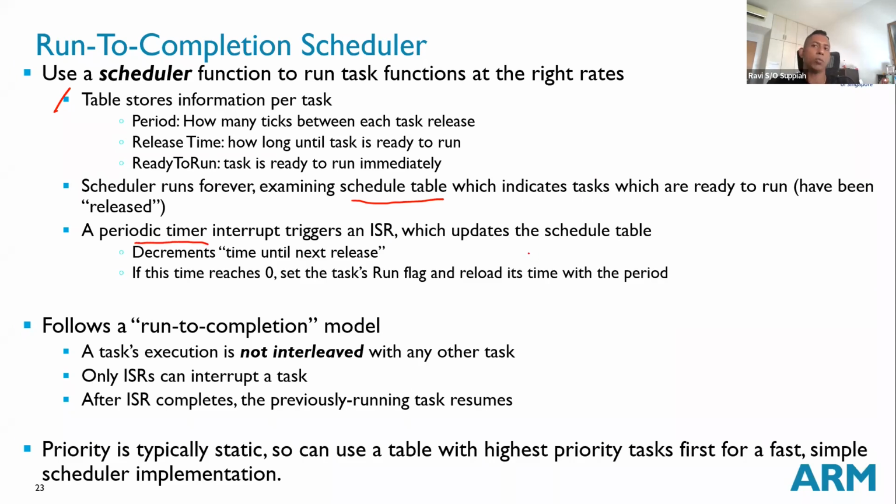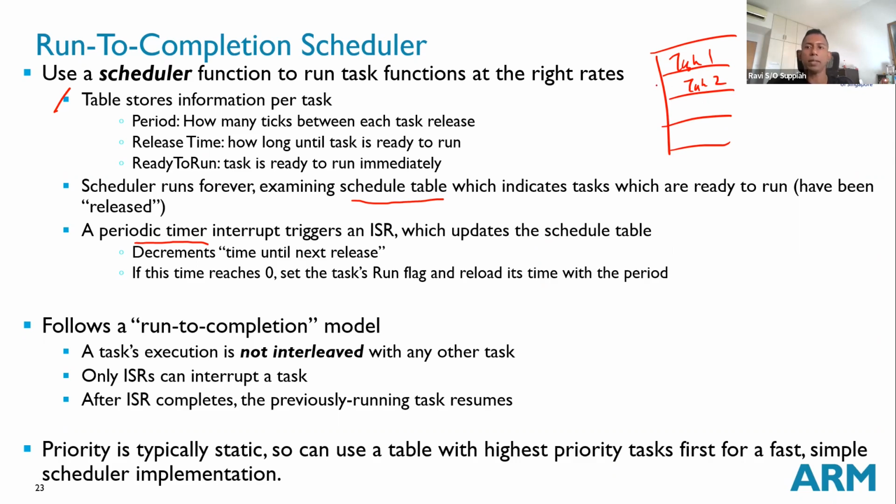This is just one idea of how I can implement a scheduler that is able to dynamically switch between the various tasks. This table will have many entries: task 1, task 2, and so on. But it can always change.